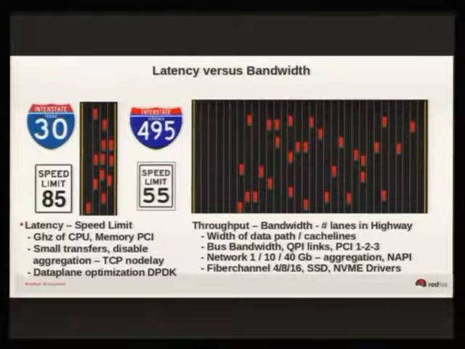Throughput's the other side: either more lanes in the highway, or how many packages you can put into a truck and get them all from point A to point B. And that usually involves some sort of aggregation at the software level, and that usually hurts latency. So you sometimes can't tune for both automatically, although developers do give it a fair shot to give the best of both worlds.